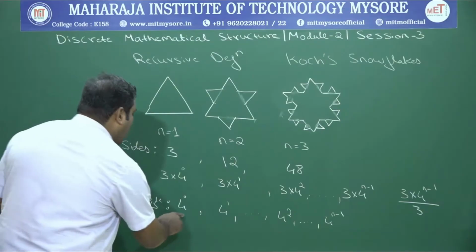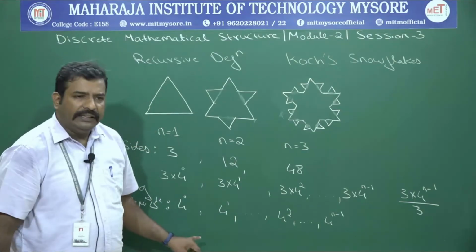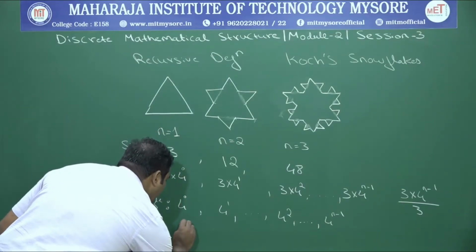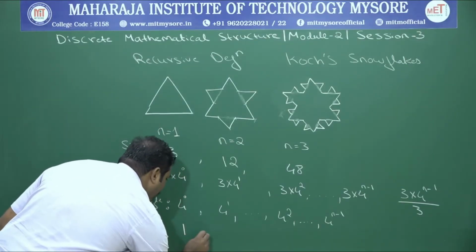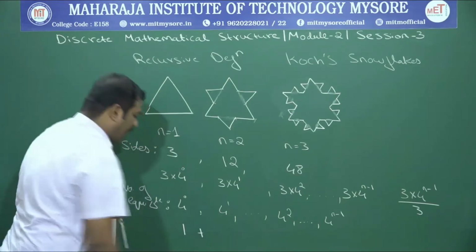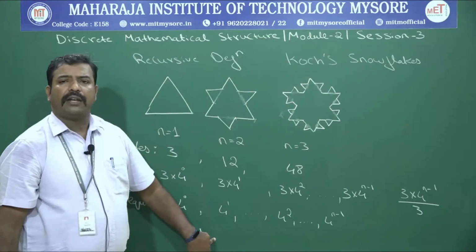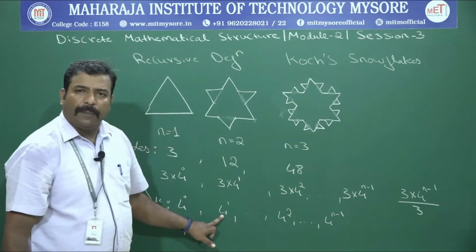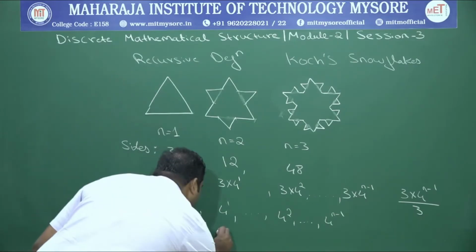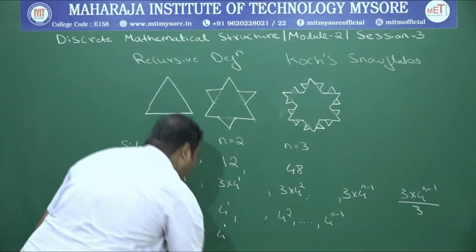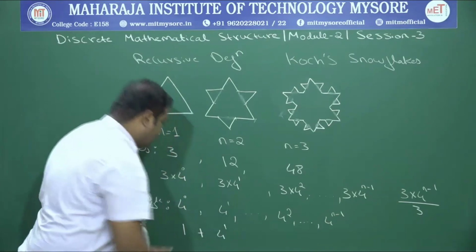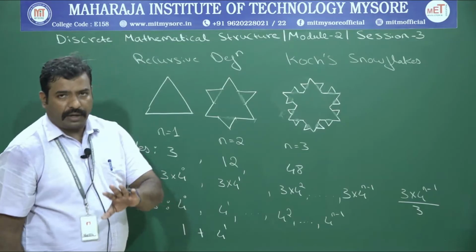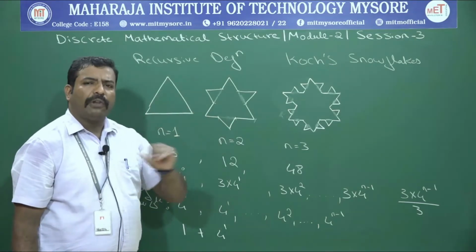And for this case, instead of putting the formula in this way, I am just going to put this as: at the starting, I am going to have 1 equilateral triangle which will be carried to the next iteration. In the next iteration, I am going to have 4 to the power of 1 equilateral triangles, but I am already considering 1 equilateral triangle here. Now this will sum up to 5 equilateral triangles, but here there is going to be only 4 equilateral triangles.